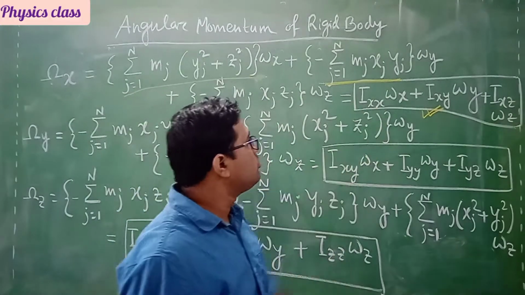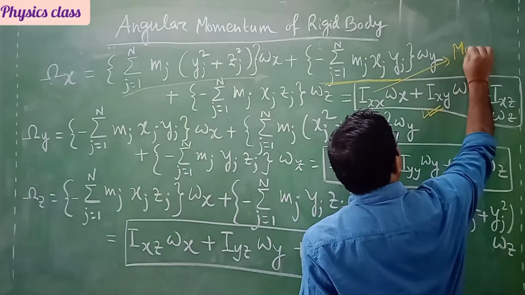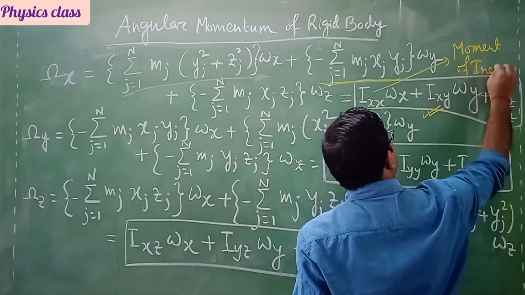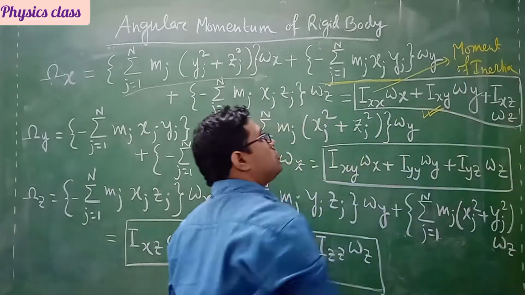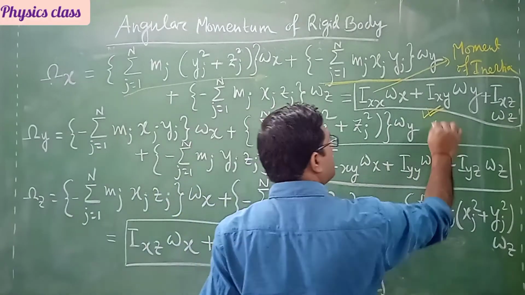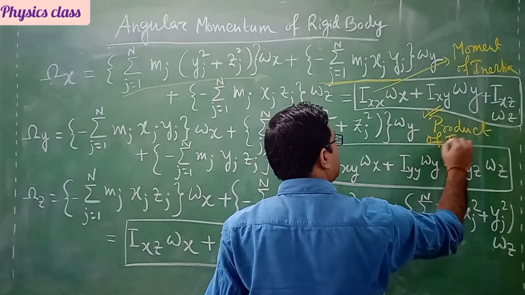Here we will say this one is the moment of inertia. This is your moment of inertia, what we usually tell, and this is called the product of inertia.